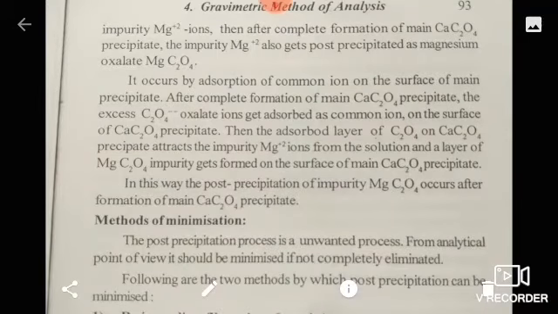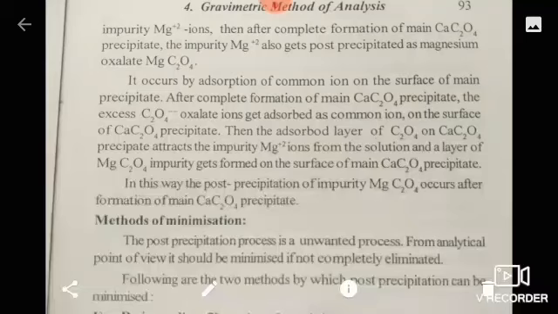So it occurs by adsorption of the common ion on the surface of the main precipitate. After the complete formation of the main calcium oxalate precipitate, the excess C2O4 ion gets adsorbed on the surface of the CaC2O4 precipitate.